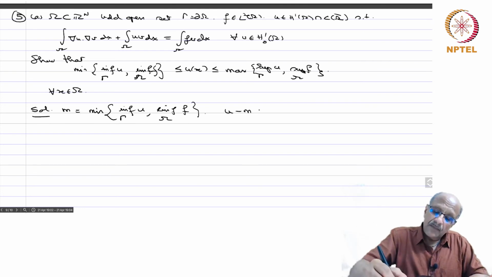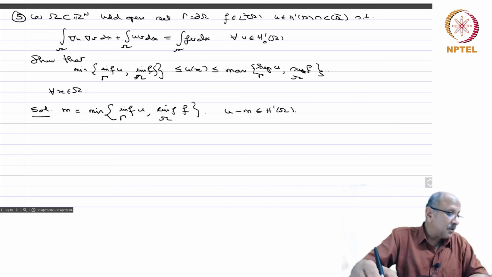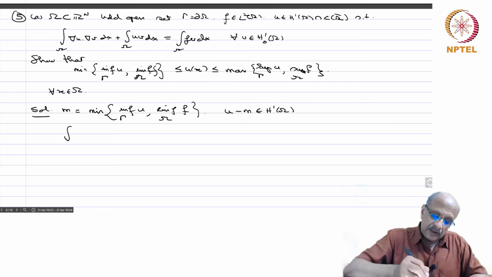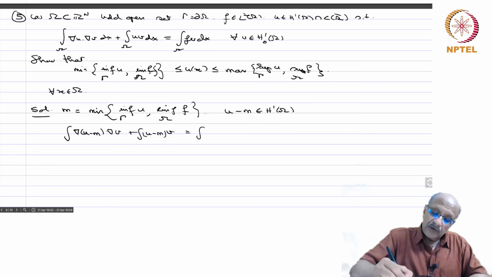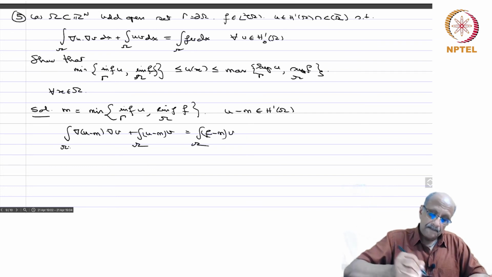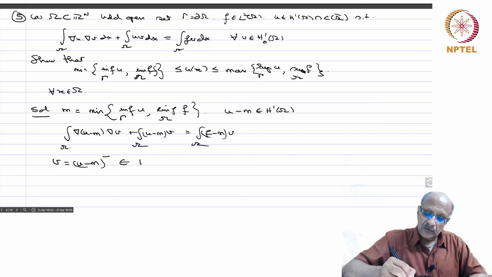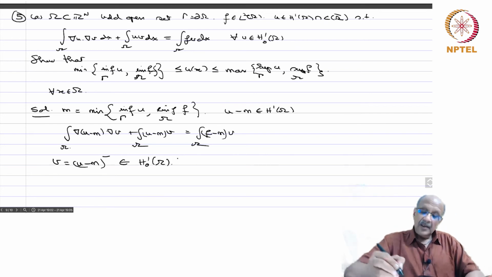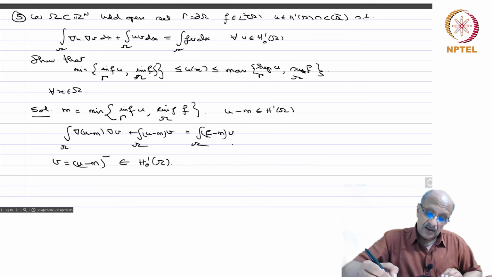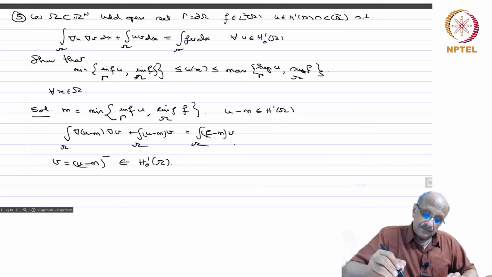Then u minus m belongs to H1 of omega, there is no problem about that. So, you have integral grad of u minus m, grad v, plus integral u minus m times v, equals integral f minus m times v. Now you take v equals u minus m minus, this belongs to H1 0 of omega, because m is less than the infimum of u.